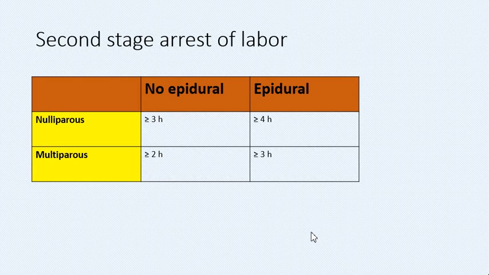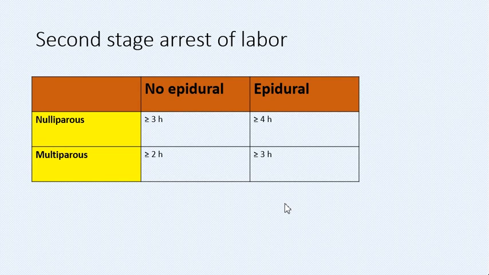Also inadequate contractions, or simply the mother is exhausted. What is the treatment? The treatment is basically a C-section if the fetal head is not engaged; otherwise, if the fetal head is engaged, we are going to perform forceps or vacuum extraction.